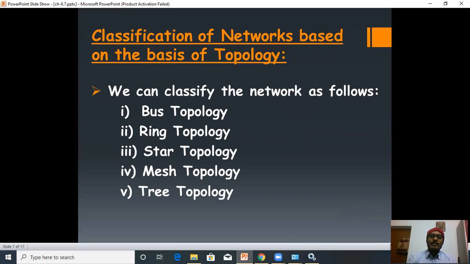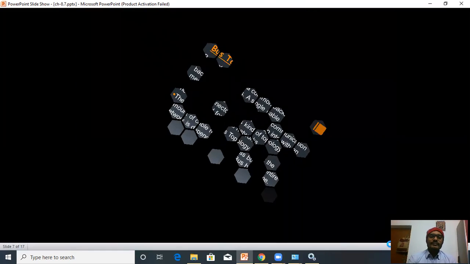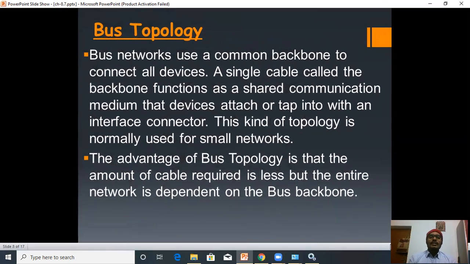So first, coming to the bus topology. Bus networks use a common backbone to connect all devices. A single cable called the backbone functions as a shared communication medium that devices attach or tap into with an interface connector.